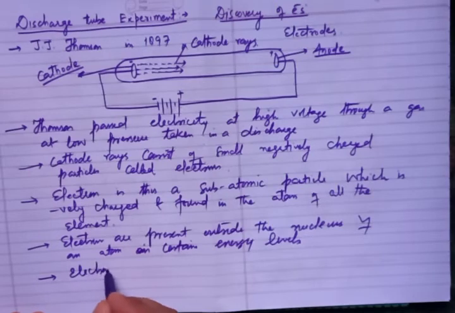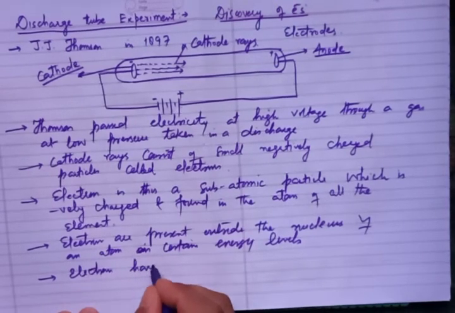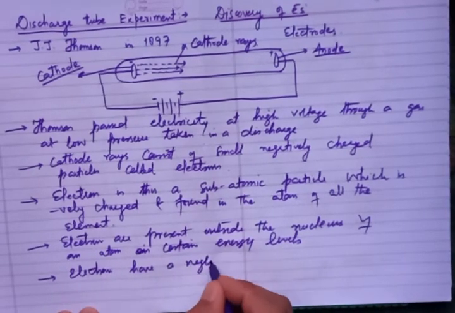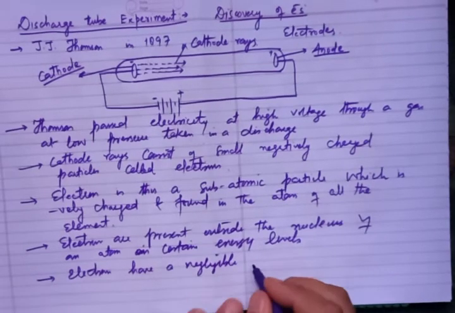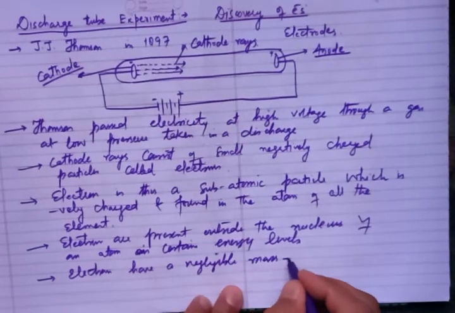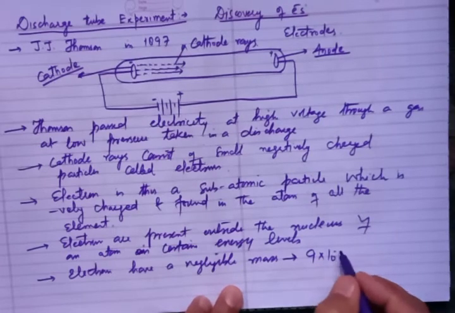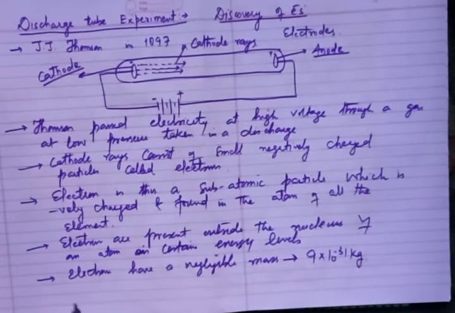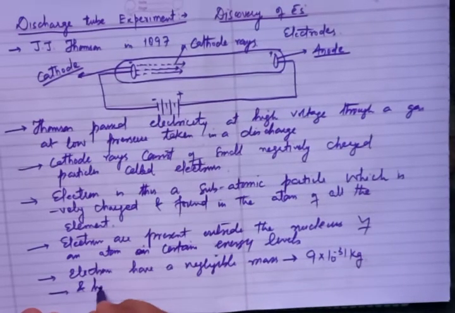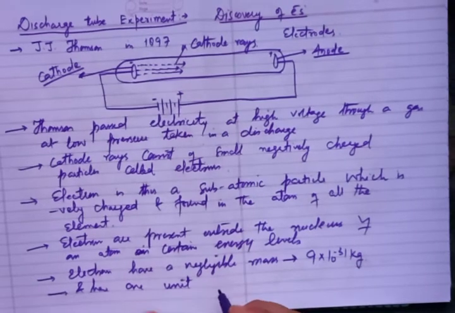Electrons have a negligible mass. कितना मास है इनका? It is of the order of 9 into 10 raised power minus 31 kg. और उनके पास है 1 unit negative charge.